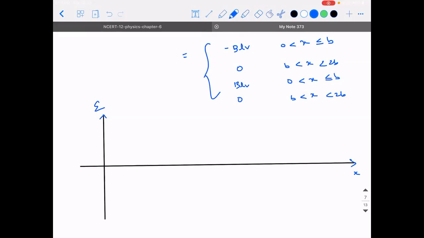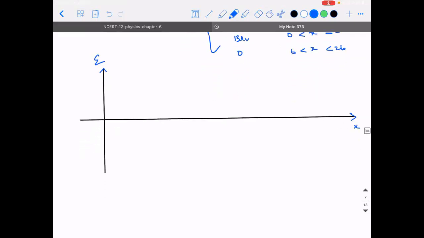So if you take the EMF alone, then what will happen is it is negative here, with a value of minus BLB. Till which point? Till x is equal to B. From B to 2B, it is 0.